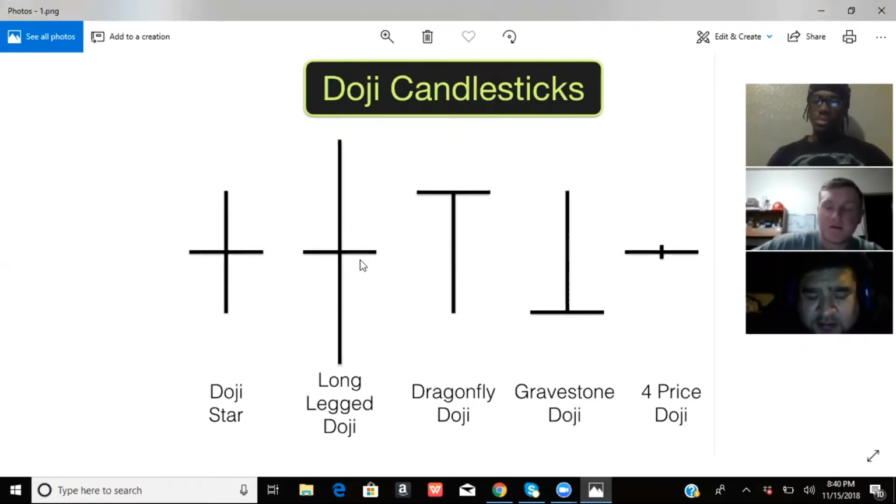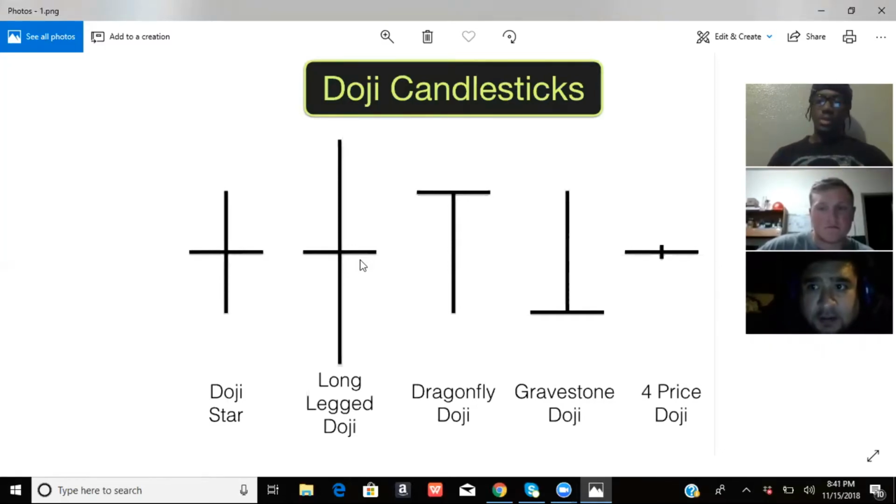So what's better to use, the candlesticks or these dojis? Well, they're both candlesticks. These are just a type of candlestick. Yeah. Well, is doji the better one to use, or is it kind of just a preference? It's more of a preference thing, because like Keaton was saying, once you start to see these candlesticks line up, it kind of puts you on notice that a reversal is about to happen or something is about to happen. That's all it really is.